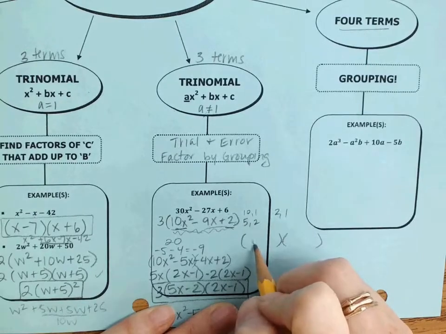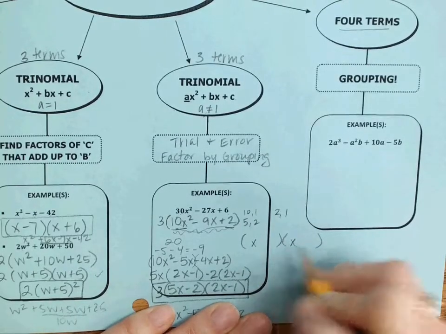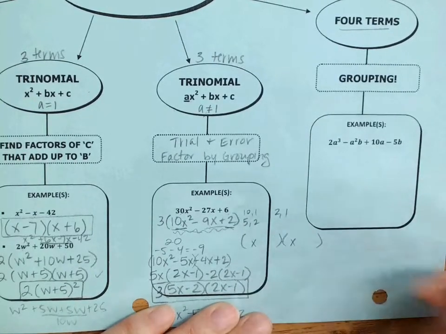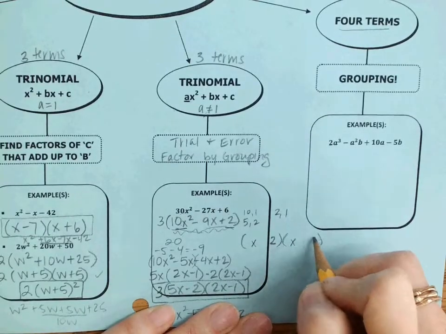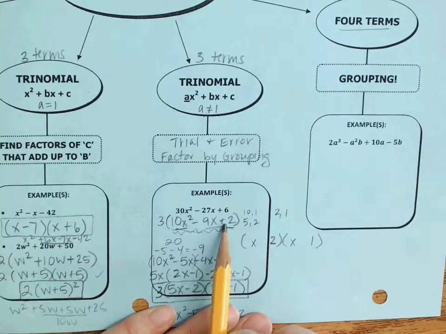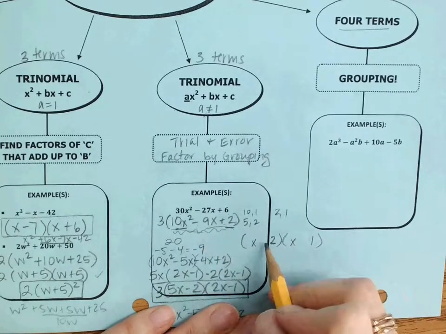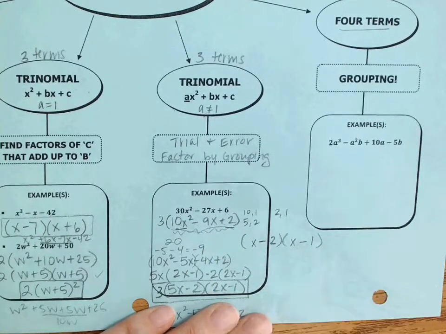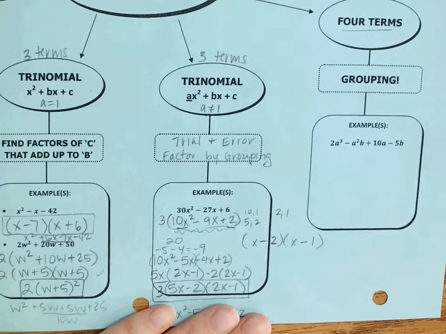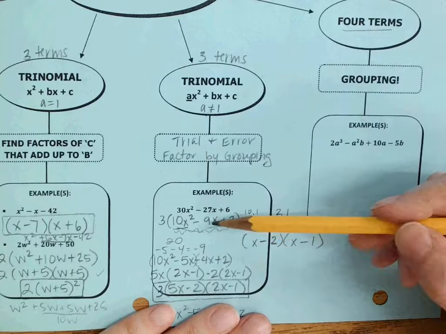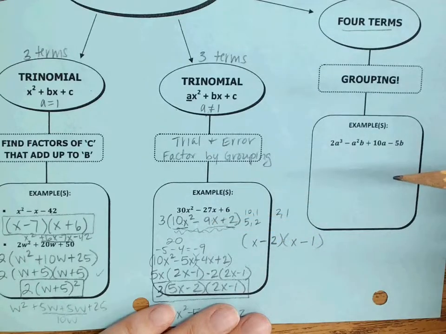I know I'm going to have some number x, but I know it's going to be 2 and 1. So I'm going to go ahead and put in 2 and 1. Now, it's a positive 2, but a negative 9. So I know that a negative times a negative gives me that positive. The last thing I have to do is figure out how to get this negative 9x.